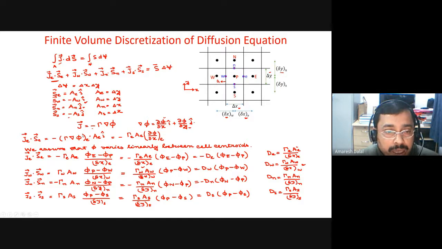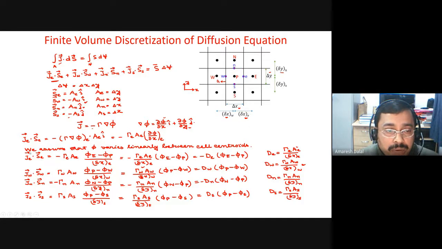Now we can use the piecewise linear variation, as Dr. Runchal told, that the value varies between the cell centers in a piecewise linear manner. So we can calculate grad phi dot i as del phi by del x. So Je dot Ae we can write as minus gamma e AE times phi E minus phi P, where del phi by del x is the gradient at the east face, and using a Taylor series you can write phi E minus phi P divided by the distance delta xe.